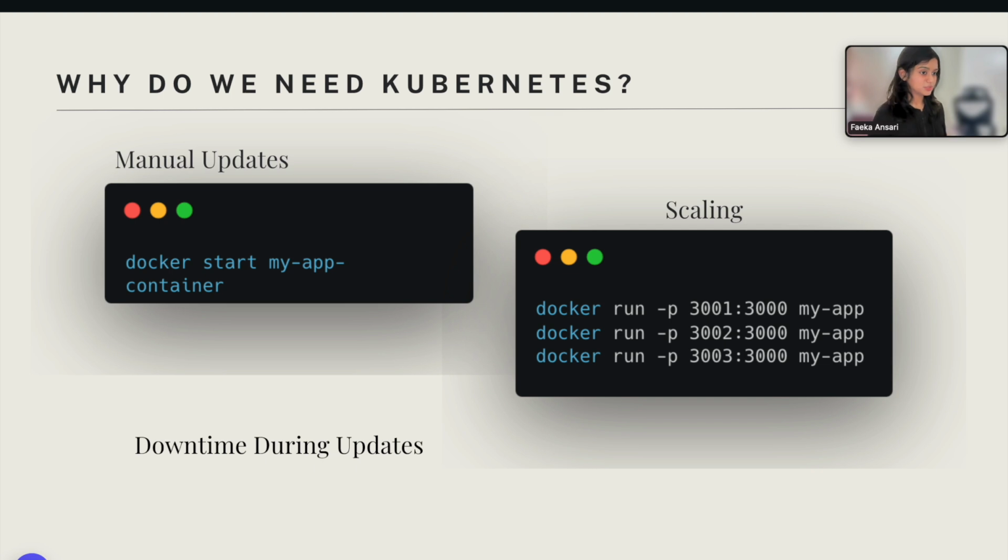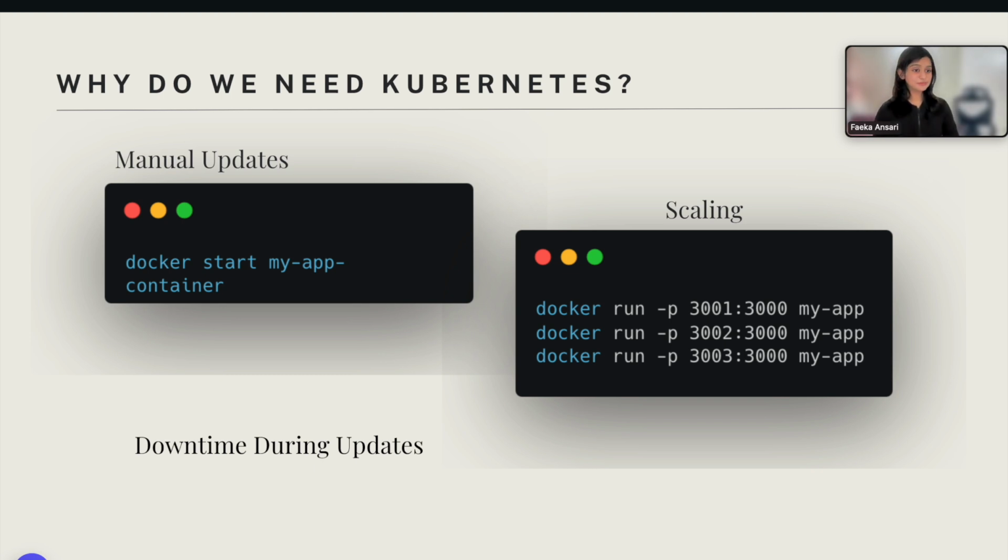Now without Kubernetes, you must manually start multiple containers using commands like docker run on this port, docker run on that port, and stuff like that. But you also need to figure out how to direct users to these containers. And honestly, that's a lot of work for something that Kubernetes can easily automate for you.